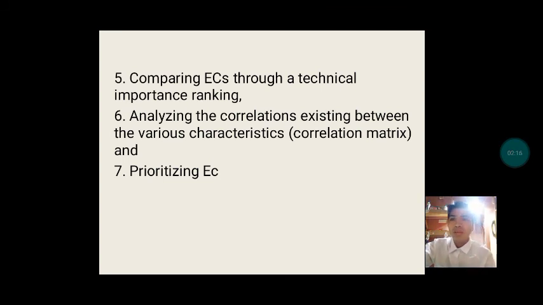And number 7 is prioritizing SC. So number 6 is analyzing. We use it as a component of the house of quality to analyze what in our product will appeal to customers, and the characteristics that matter. Prioritizing is where we prioritize what is popular with customers, or what they want. That's all. Thank you.